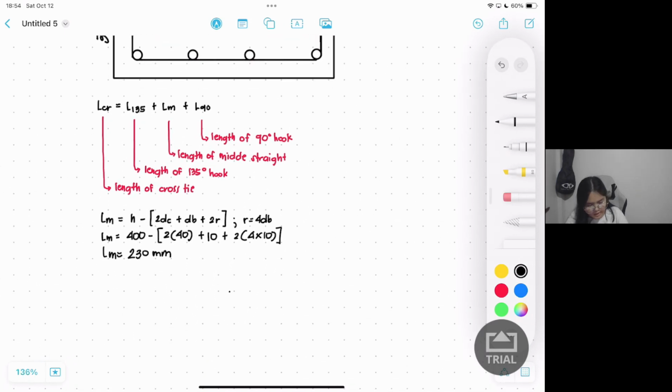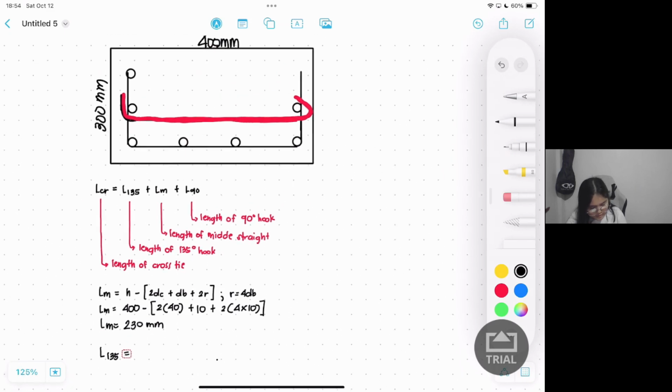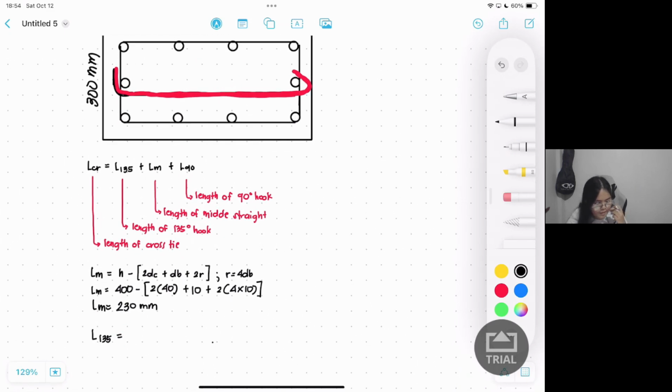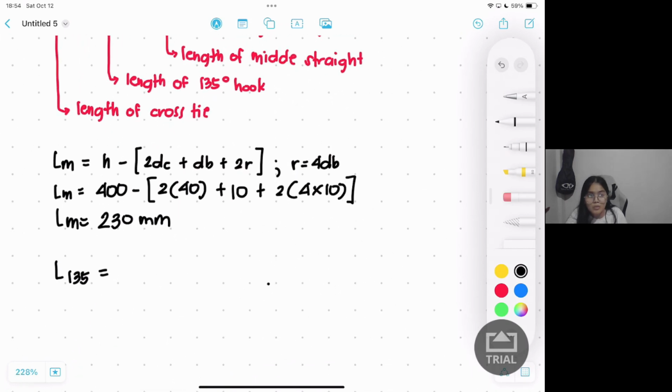So, next step natin, pwede nating i-compute si 135 degree hook. So, dito kay 135, similar lang sa mga previous process natin. So, circumference ng circle. Pero ano ulit yung i-multiply natin? 0.375.